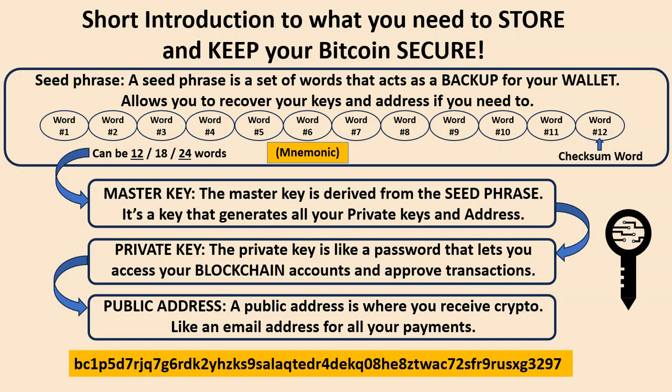So here's a short introduction to how the process works. Whenever you own Bitcoin, you're securing that on the blockchain. And the way you have access to that information is by having either a 12, 18, or 24 word mnemonic phrase that's generally created by a piece of hardware that chooses those words for you.